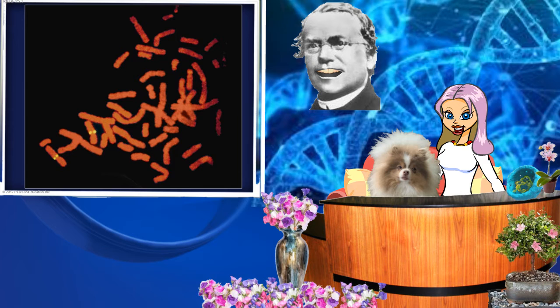We can see the location of a particular gene by tagging chromosomes with a fluorescent dye that highlights that gene. For example, those 4 yellow dots mark a specific gene on a pair of homologous human chromosomes.